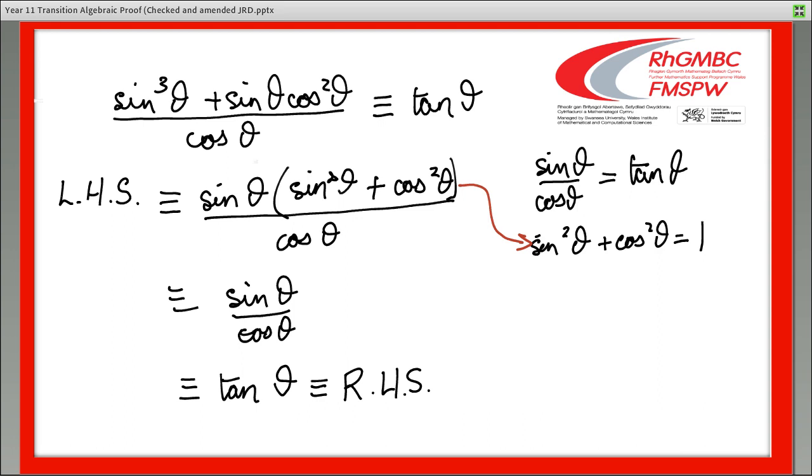And that is the right-hand side. And there we have, we've proved it. As you can see, just a few short lines, but these two hints and clues, that sine theta over cos theta is tan theta, and sine squared plus cos squared equals 1.